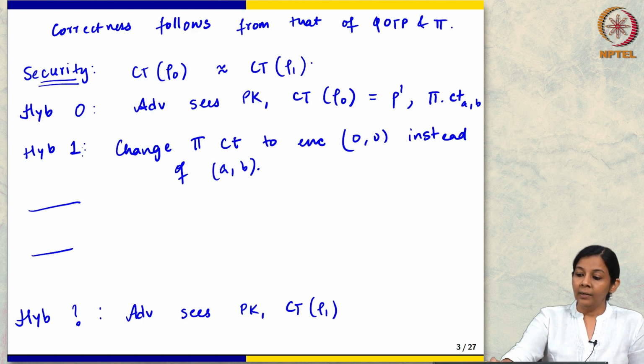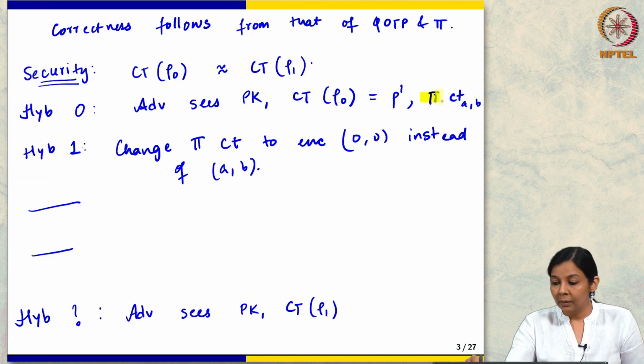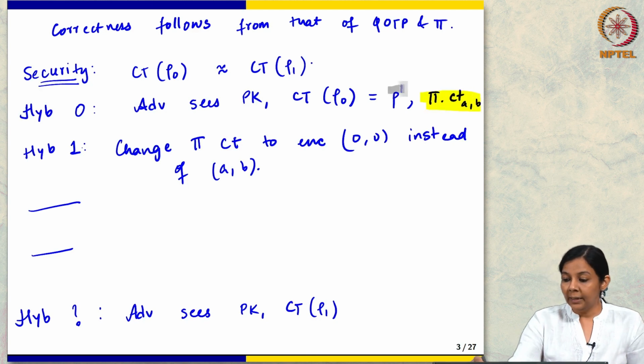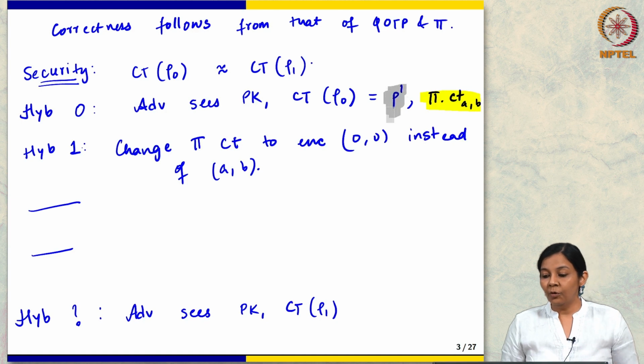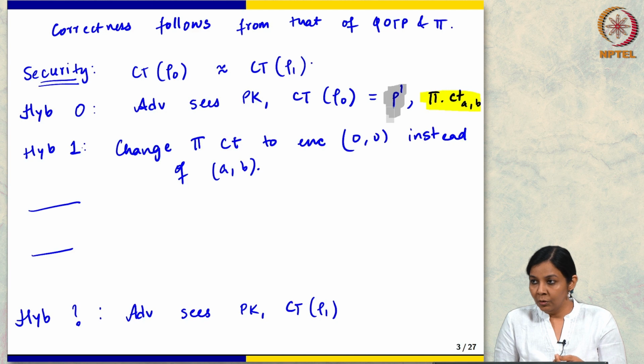I mean, instead of working on this part first, why can't I work on this part? So, rho prime is a QOTP of rho 0. Why can't I change that directly to be a QOTP of rho 1?